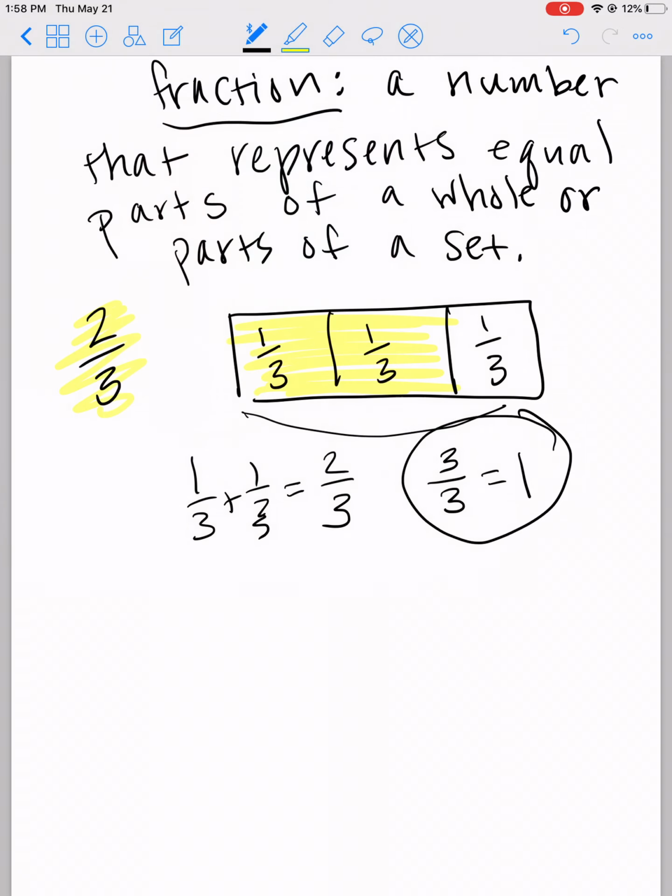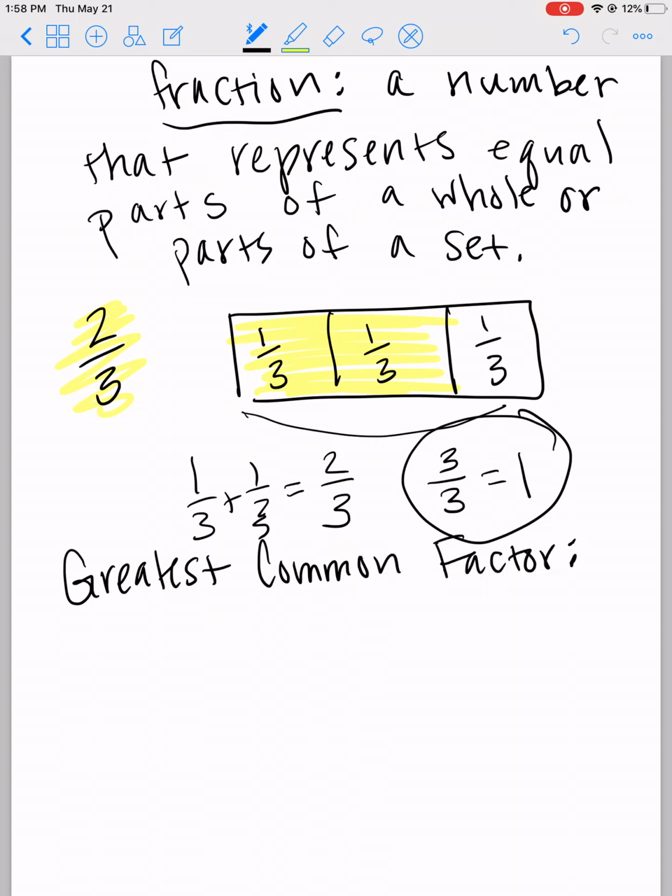Okay, and then our next word is greatest common factor. Sometimes we'll shorten it and just say GCF, greatest common factor. And now we would find, like, say we had the number, well, first let me have you write the definition.